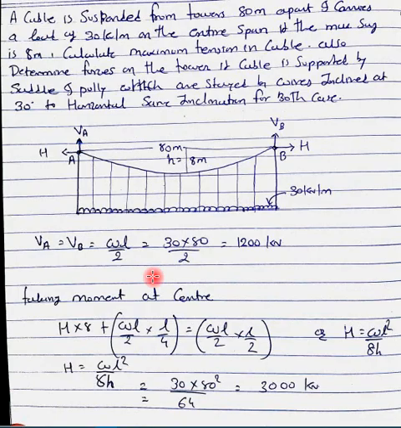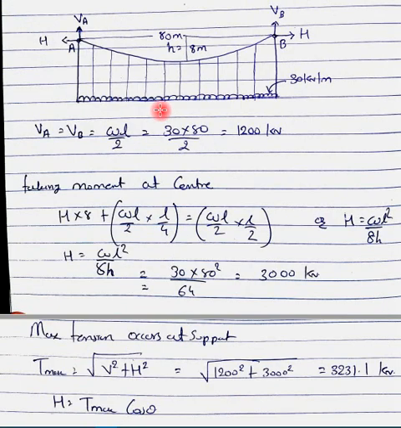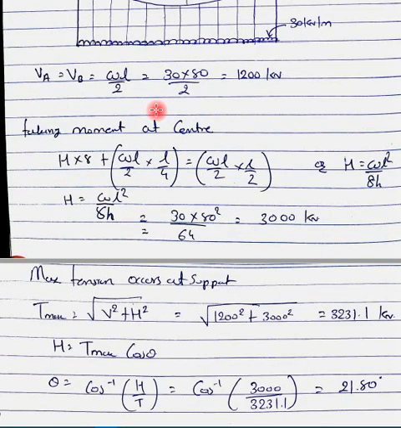As I've told you, the maximum tension will be at the support, so we will use the values of the vertical reaction and the horizontal force. T maximum is the square root of V square plus H square, where V is the vertical reaction and H is the horizontal reaction we determined. So root of 1200 square plus 3000 square is equal to 3231.1 kilonewton. This tension is for the cable.